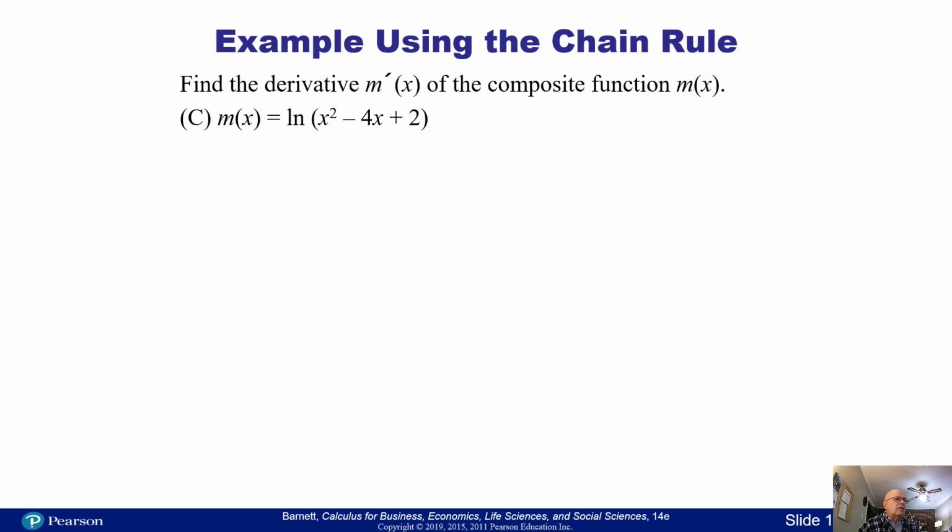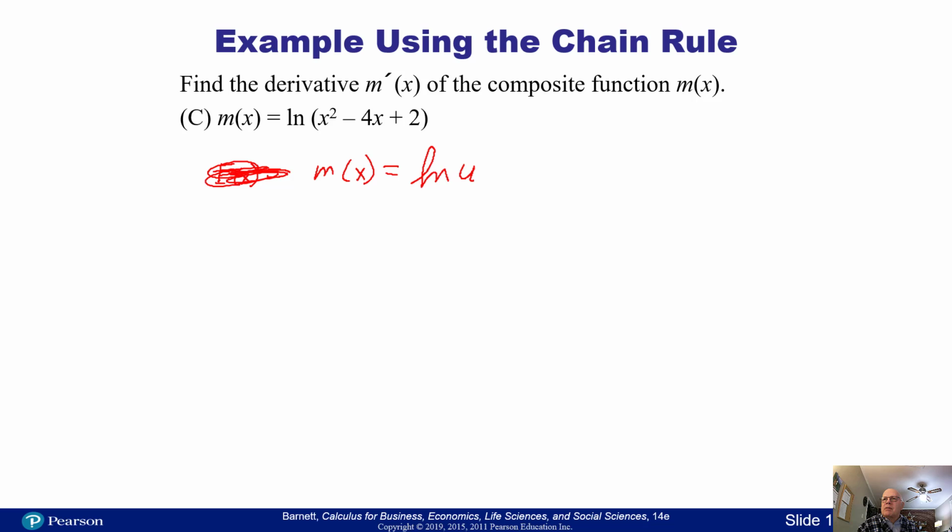Next, another one to look at. So what's the external one? The external one, let's do it this way. So m of x is the natural logarithm of some function. Make it simple.